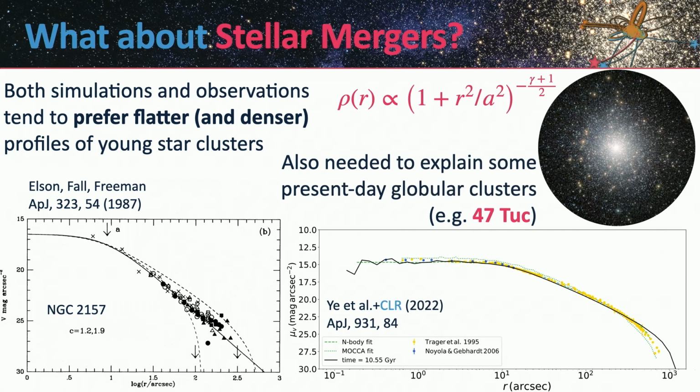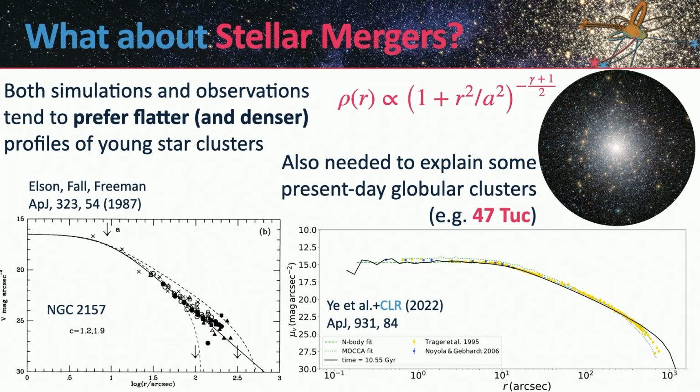If I look at something like, for instance, 47 Tuc, it's actually very difficult to explain both the core density and the outer regions of the cluster that have not necessarily relaxed unless I start with one of these power law models. If I start with a King profile model, it's very difficult to get both the density and the velocity dispersion correct. So we had this idea of, well, these can be very high density power laws, right?